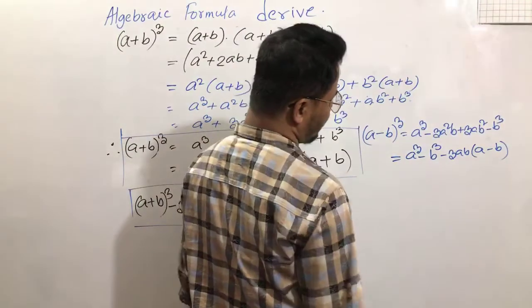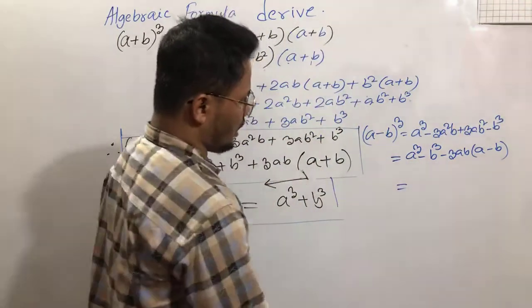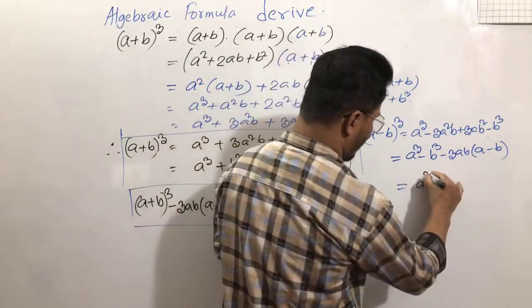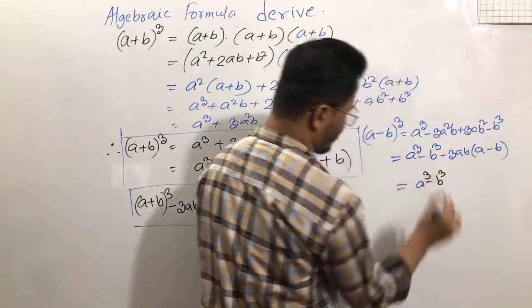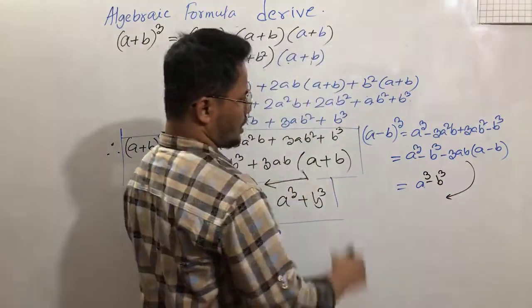Similarly, if you find the formula like this, we write a³ − b³ and change the term from the left side to the right side.